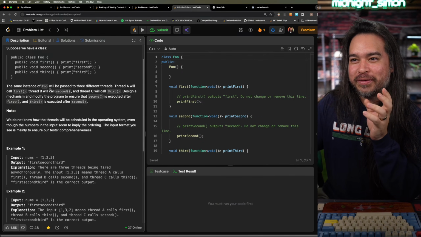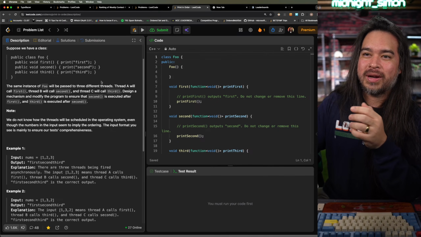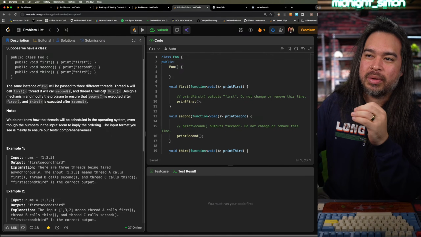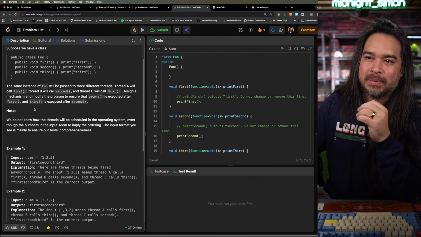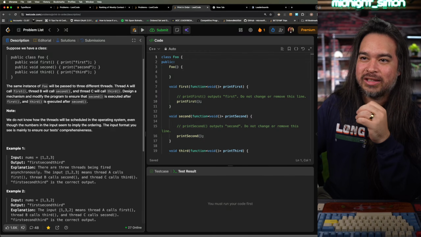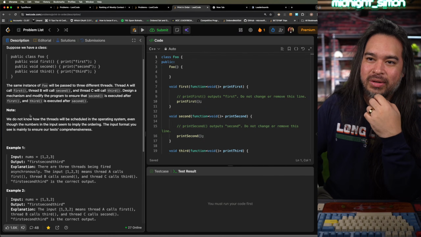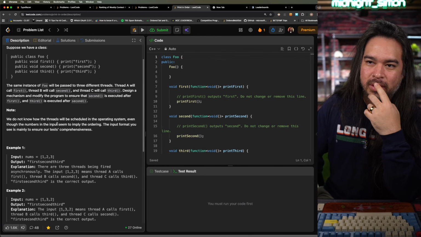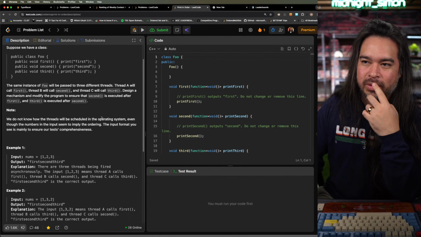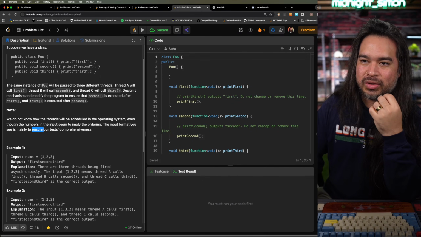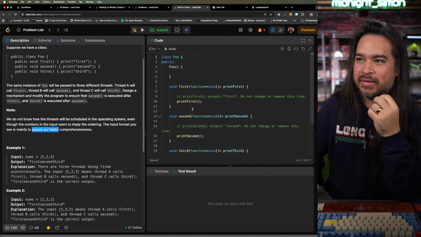Thread A will call first, thread B will call second, and thread C will call third. Design a mechanism and modify the program to ensure that second is executed after first and third is executed after second. Note, we do not know how the threads will be scheduled in the operating system, even though the numbers in the input seem to imply the ordering. The input format you see is mainly to ensure our tests are comprehensive.